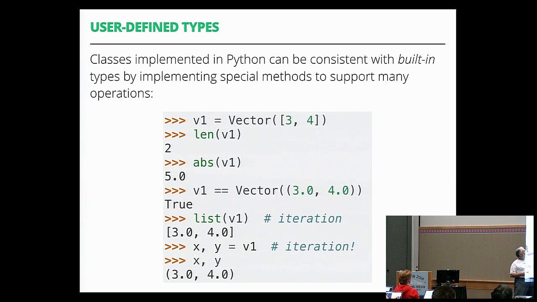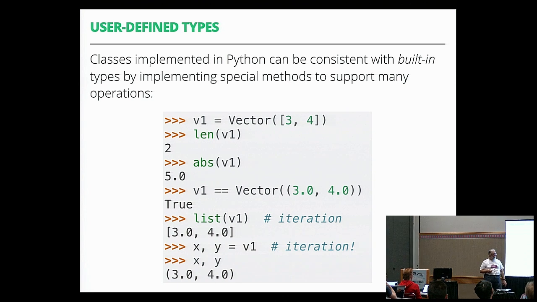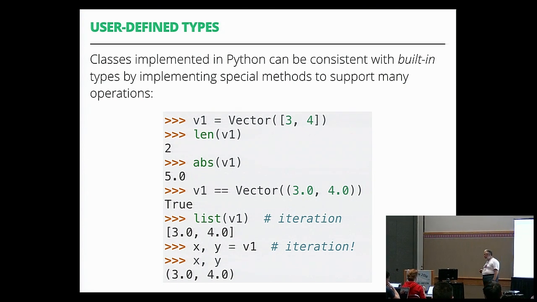V1 is an instance of Vector, and because it's iterable, we can build a list from its components like this. This is another example of iteration. On these types of unpacking assignments, the right-hand side can be any iterable object. And so this is another example of iteration.